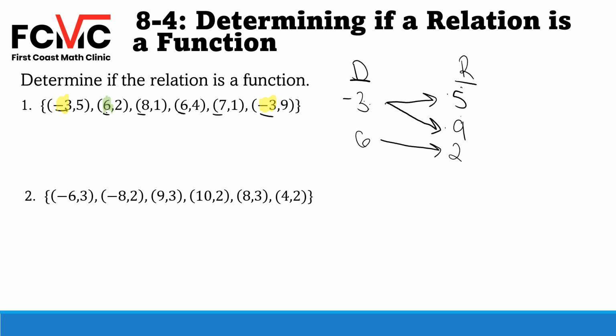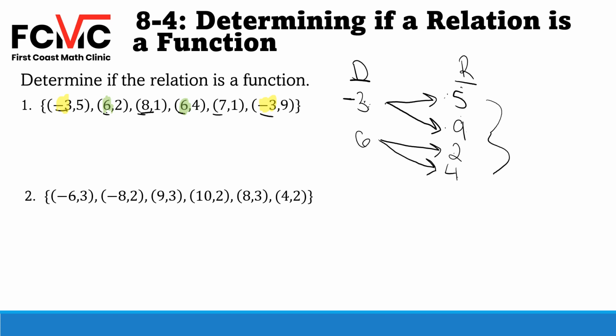Well, I see 6 here, and 6 is also paired with 4. So 6 is paired with 2, 6 is paired with 4. So we've got two values from our domain that are paired with multiple values from our range. -3 is paired with 5 and 9, 6 is paired with 2 and 4. Because of both of these values, this is not going to be a function.